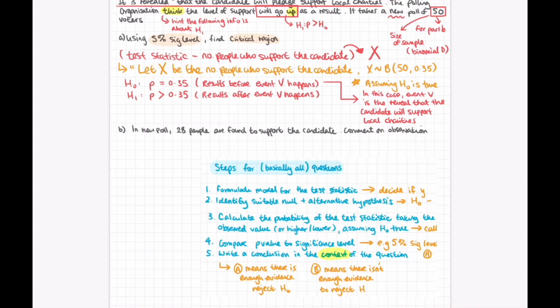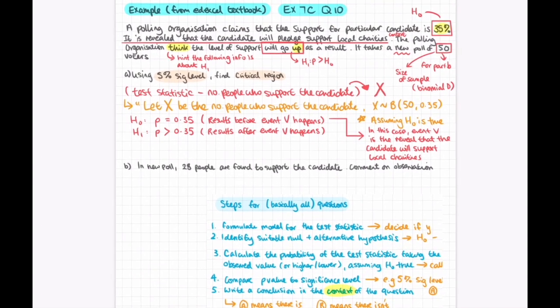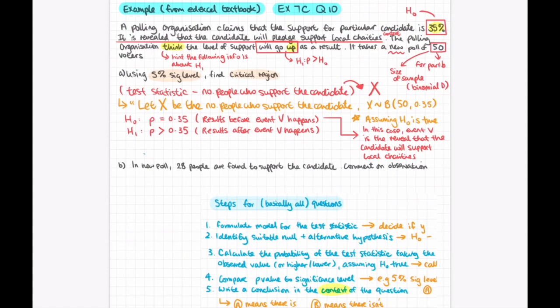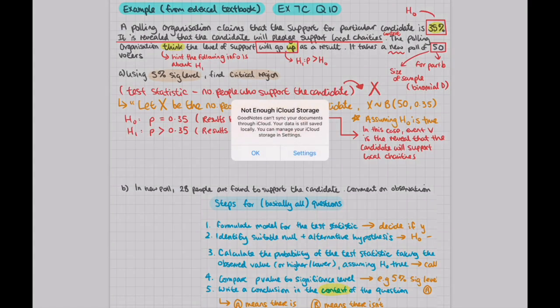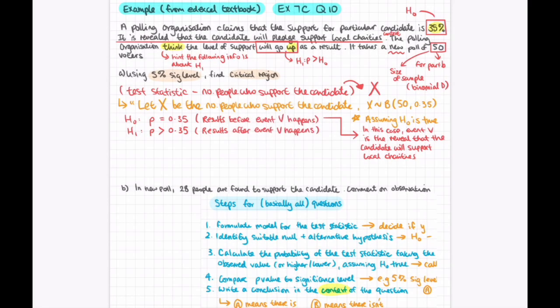And then step 3, you have to calculate the probability of the test statistic, which is the main part. Finally, we get to this part. But basically, the main part is actually finding the critical region. It's not actually like calculating anything.